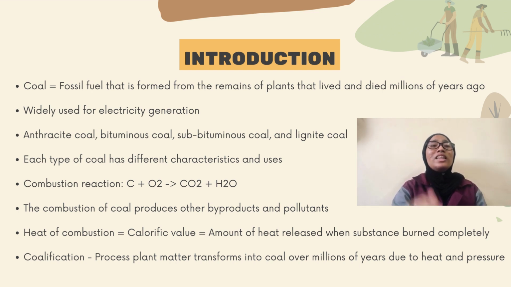To solve this issue of pollutants, coalification was introduced. In both direct and indirect coalification, the process involved the removal of moisture, volatile compounds, and impurities, resulting in the concentration of carbon and the formation of solid, carbon-rich coal.